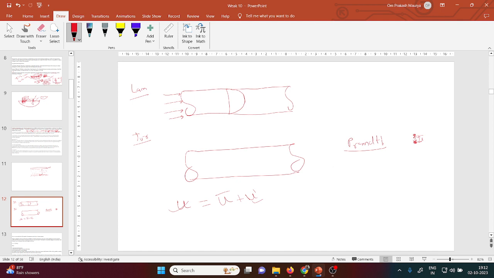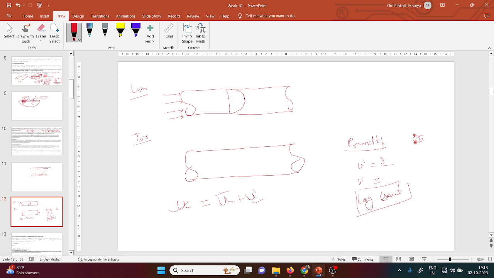This is the hypothesis given by Prandtl, and he was telling u dash is equal to del, I don't exactly remember, but he gave the u dash concept and the v dash. So from here the log law comes into the picture.